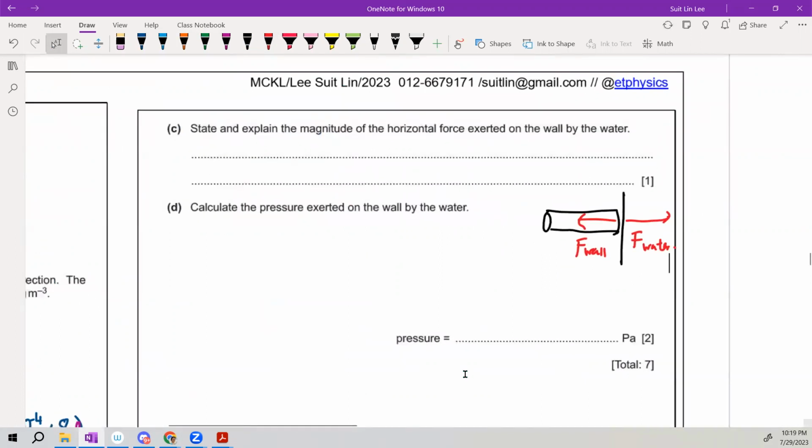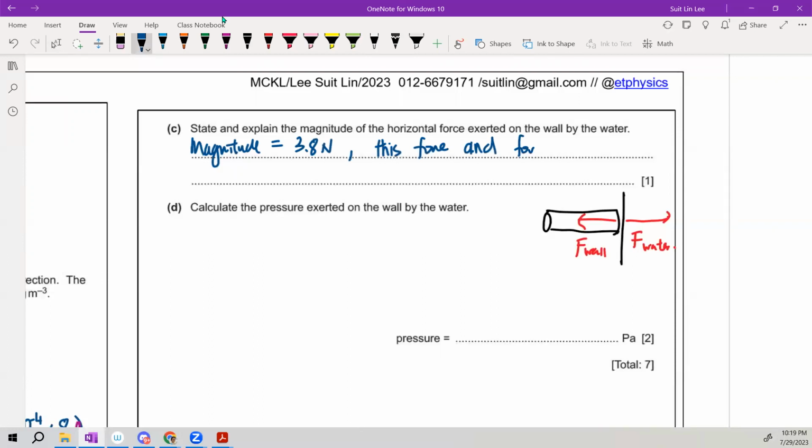So you want to state and explain the magnitude of the horizontal force exerted on the wall by the water, then it'll be the same magnitude, 3.8 Newton, because this force and the force exerted on the water are Newton's third law force pair with equal magnitude.